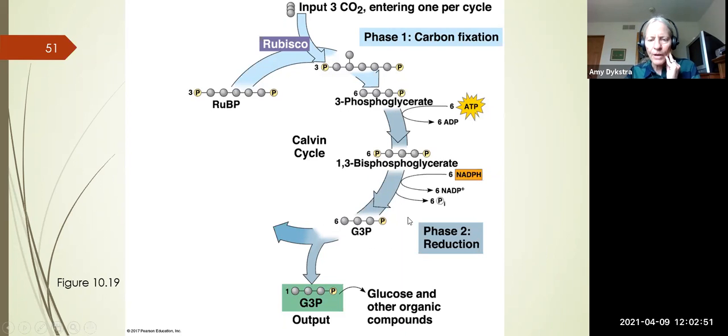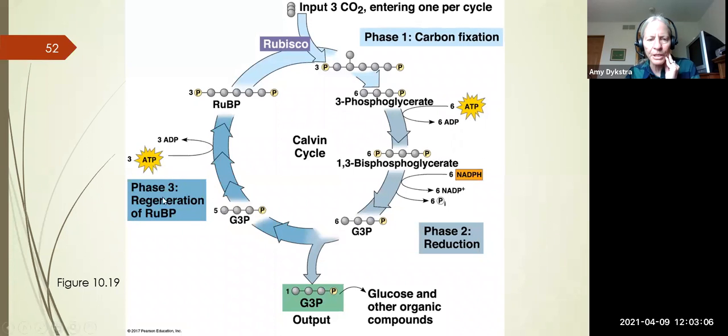All right, and so you've got 6 of these, 6 glyceraldehyde 3-phosphates. 5 of these are going to stay in the cycle and be recycled or regenerated back into RuBP. 1 out of every 6 is the product.